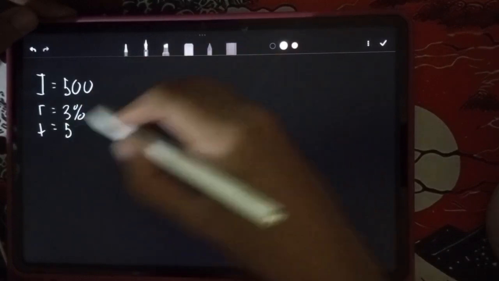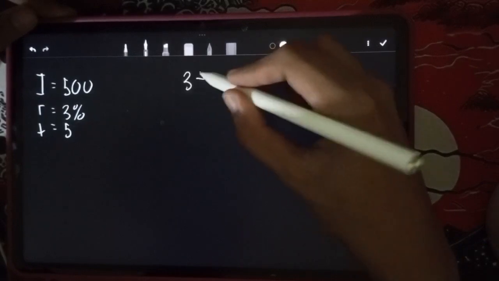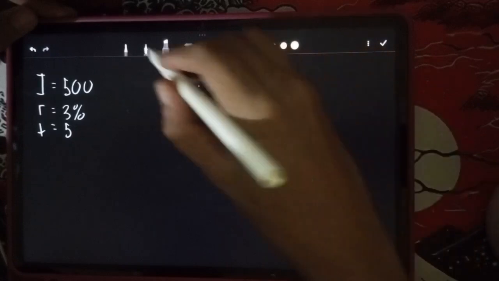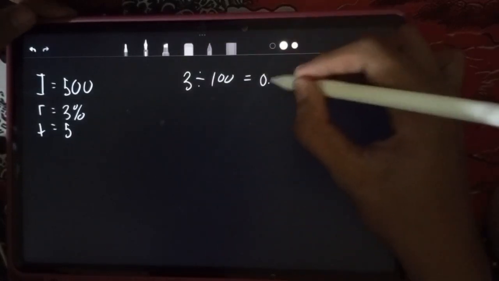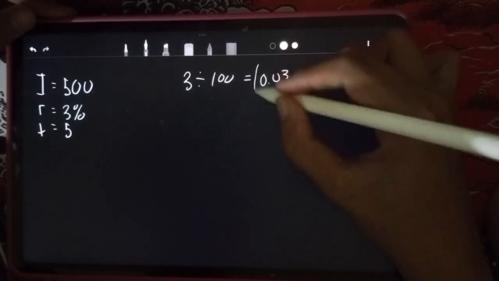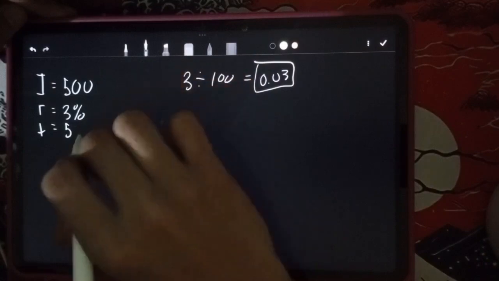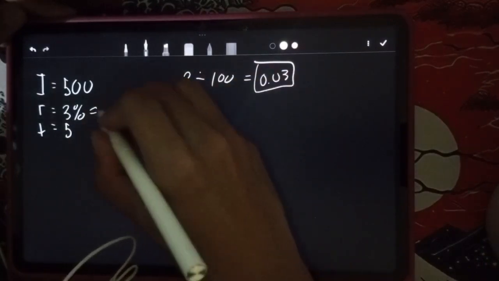To make the rate a decimal, we need to divide it by 100. Now 3 divided by 100 is 0.03. That is our decimal.